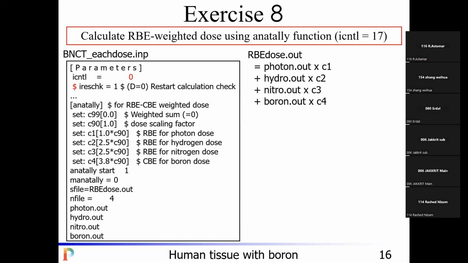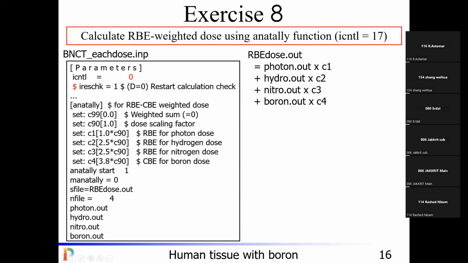The condition is that the shape of the tally, the number of data written in each tally, should be the same. For example, in this sample case, photon dose, hydrogen dose, nitrogen dose, and boron dose can be added together with this ratio.